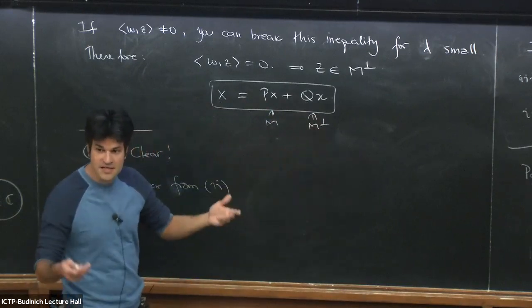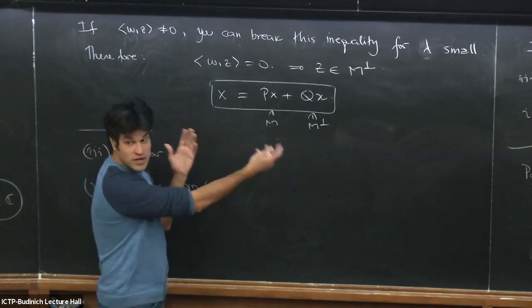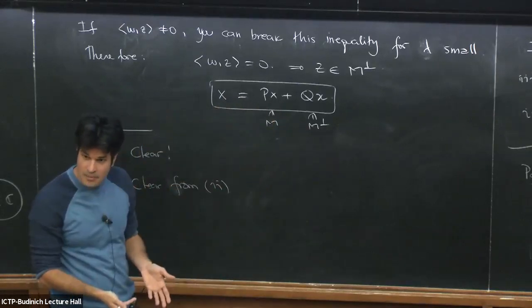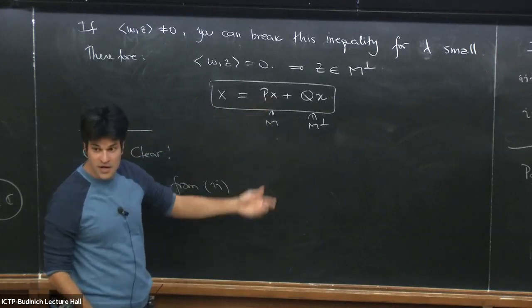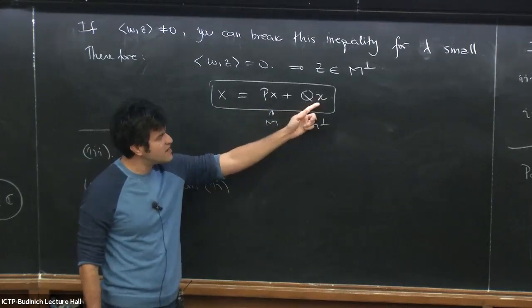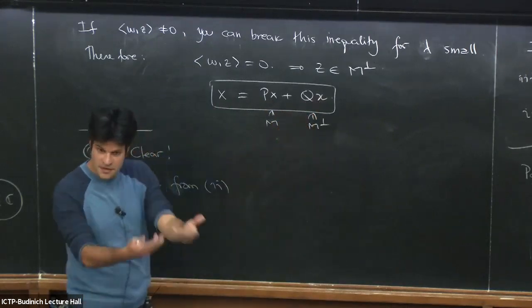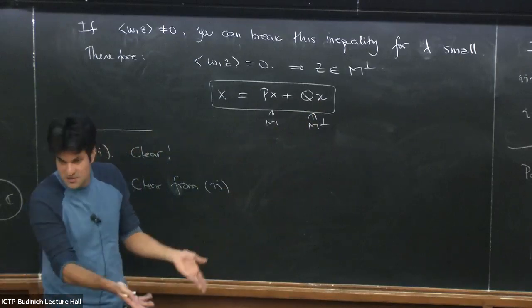So if you have x and x1, and you can decompose x in this form and x1 in this form, you have to just add them up. And when you add them up, the addition of p of x and p of x1 is always a guy in M, because it's a subspace. The addition of q of x and q of x1 is a guy in M perp. There you have the decomposition, and you know it's unique. You have proved, so this must be it.